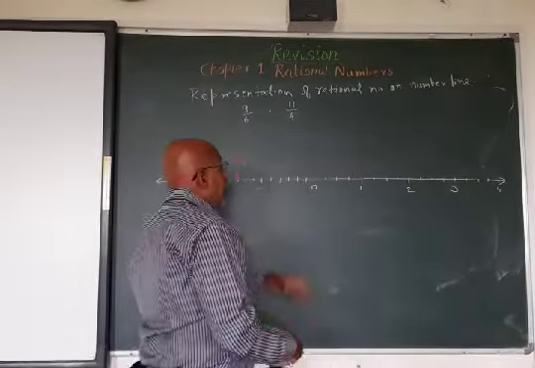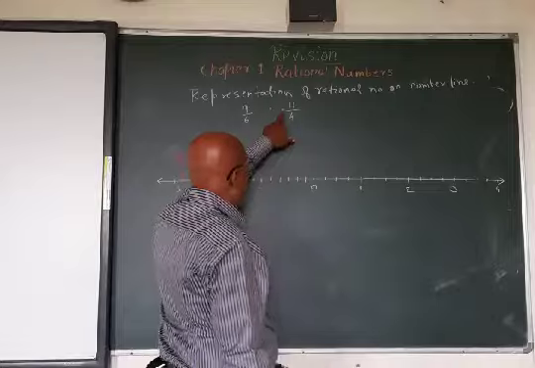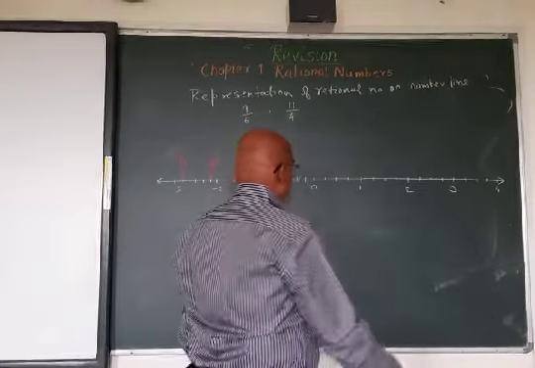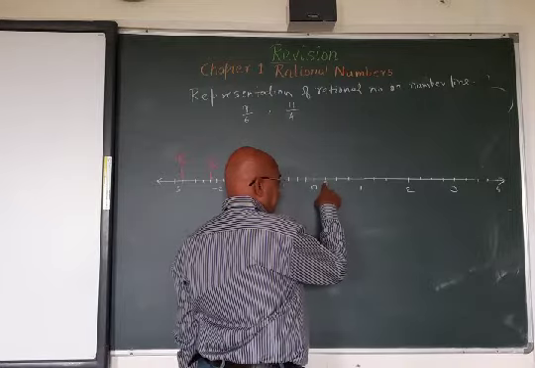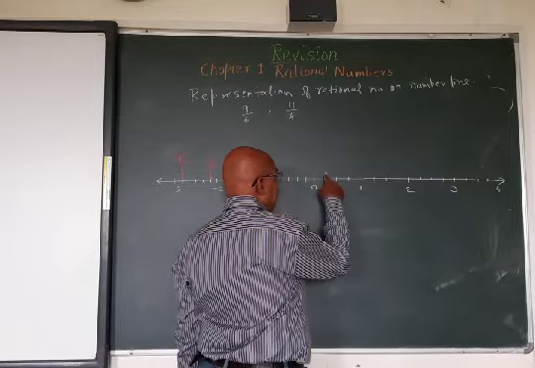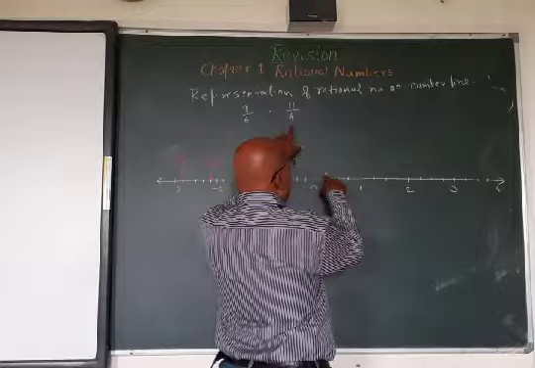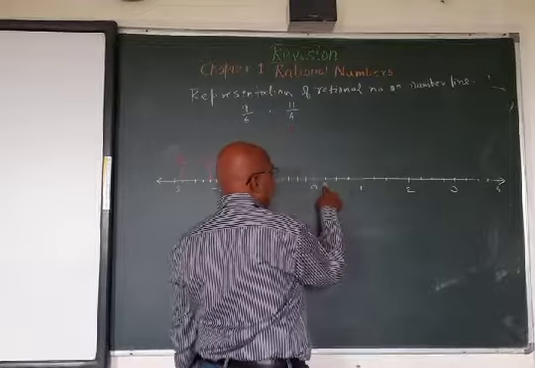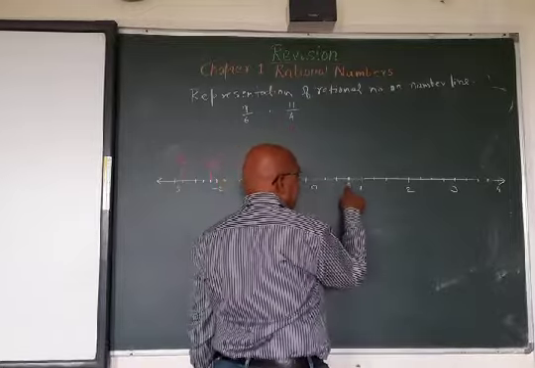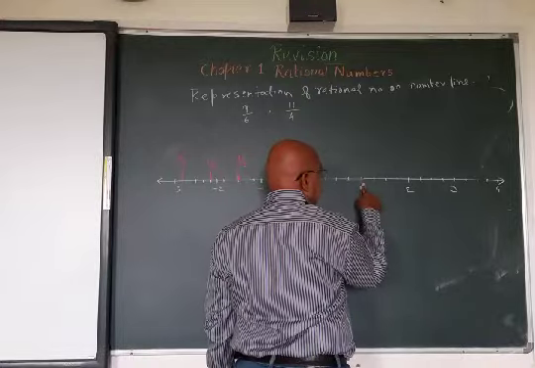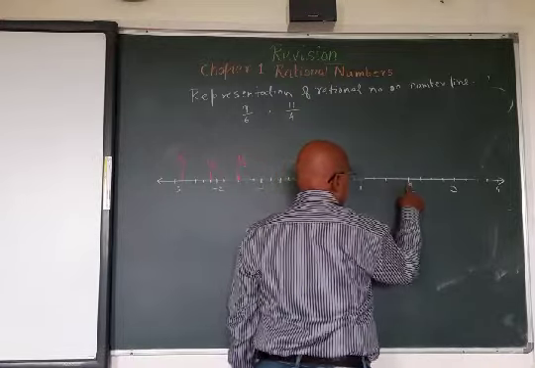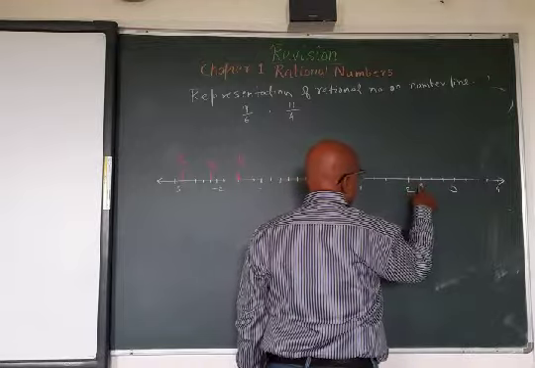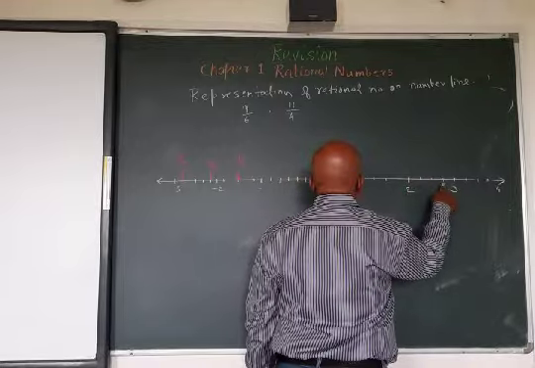Now I have to represent 11 by 4. Starting from 0, the first mark after 0 is 1 upon 4, 2 upon 4, 3 upon 4, 4 upon 4 is 1, 5 upon 4, 6 upon 4, 7 upon 4, 8 upon 4 is 2, 9 upon 4, 10 upon 4, 11 upon 4.